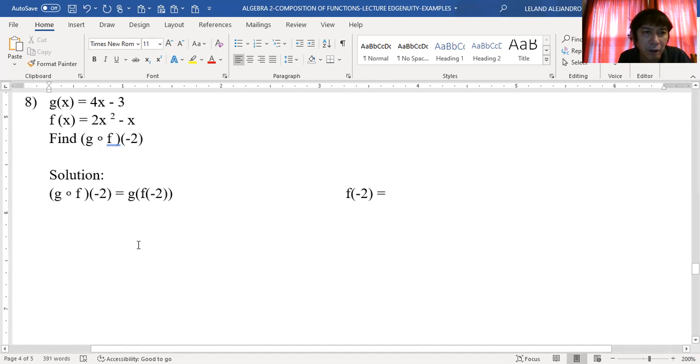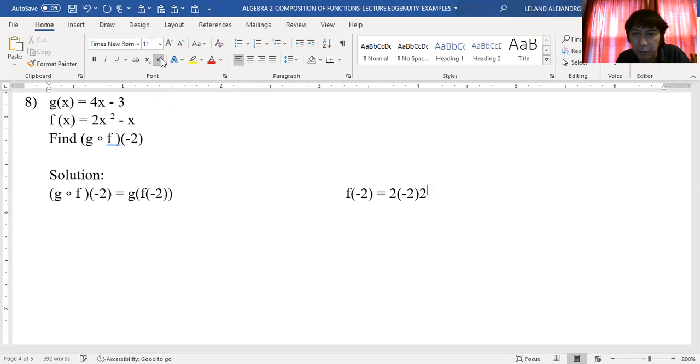Now if you focus on the f function, you can see here f of x is equal to 2x squared minus x. So we will begin with 2, and then the input -2 occupies the x. So this is -2, and we're going to square it. After which, we'll continue with minus x, which is minus the value of x, in this case -2.